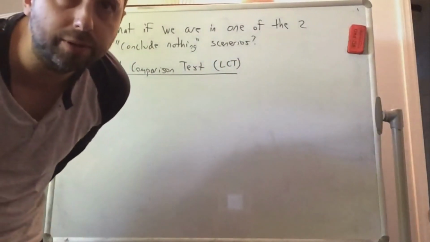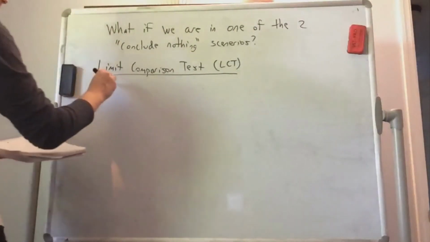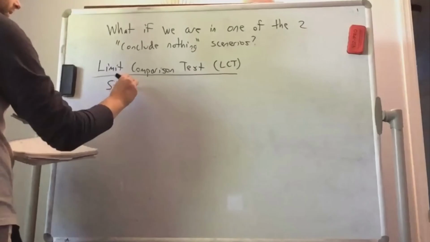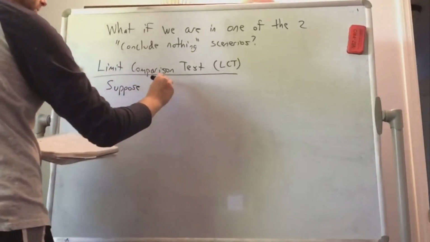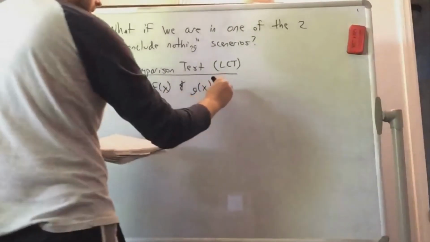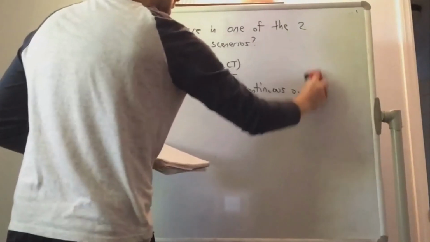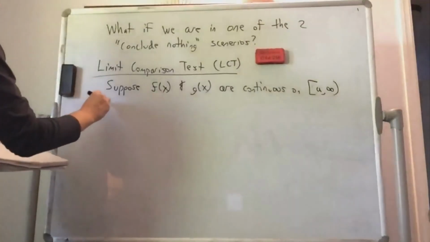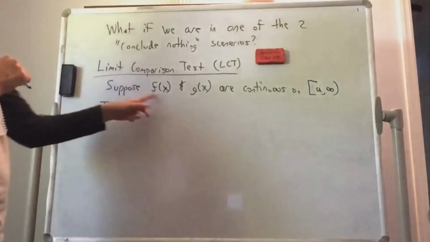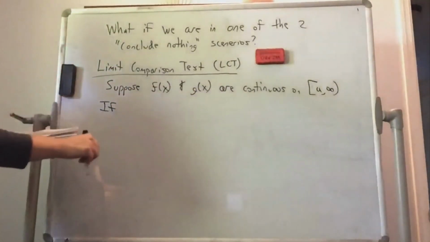I think, where are we? 344. I think I'm just going to define it, and then we'll pick up from here on Tuesday. It says, suppose that f of x and g of x, again, are continuous on the same range, let's say from a to infinity. But I don't really care which one's bigger, because this is going to deal with all the cases where the wrong one is bigger compared to the other.